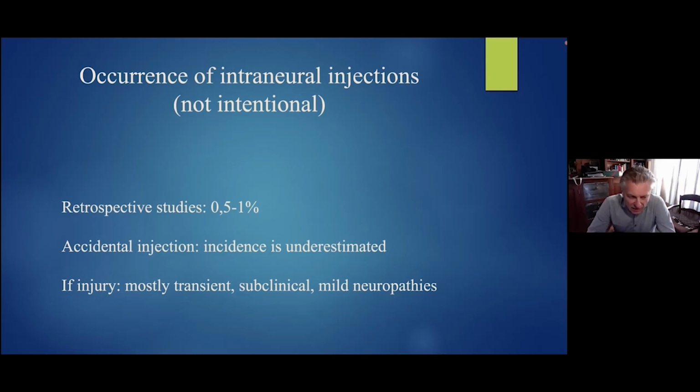These are accidental injections, and the incidence is underestimated. And if there is an injury, it is mostly transient, subclinical, and if not subclinical, these are mild neuropathies that are gone within a few days to weeks.